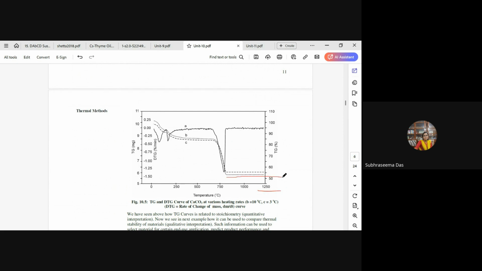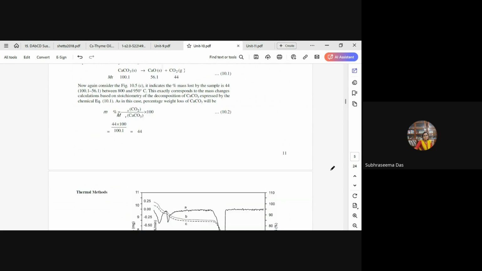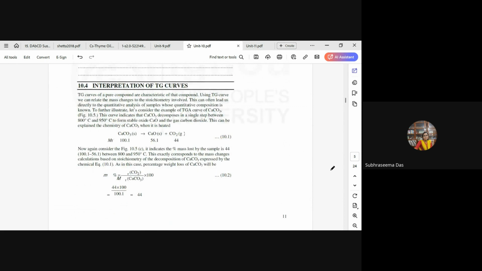Beyond this step, it forms a stable product, calcium oxide, and carbon dioxide gas is liberated. So we know when calcium carbonate is heated, it forms CaO plus CO2.